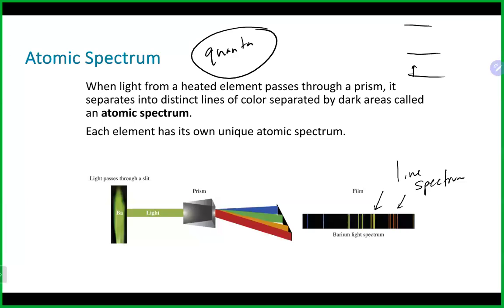They will always gain enough energy to fully transition from one energy level to the next, or lose enough energy to fully drop from one energy level to the next, maybe two energy levels at a time, three, one, whatever it is. They will never find themselves halfway between. So they'll either lose enough energy or gain enough energy to make that transition.